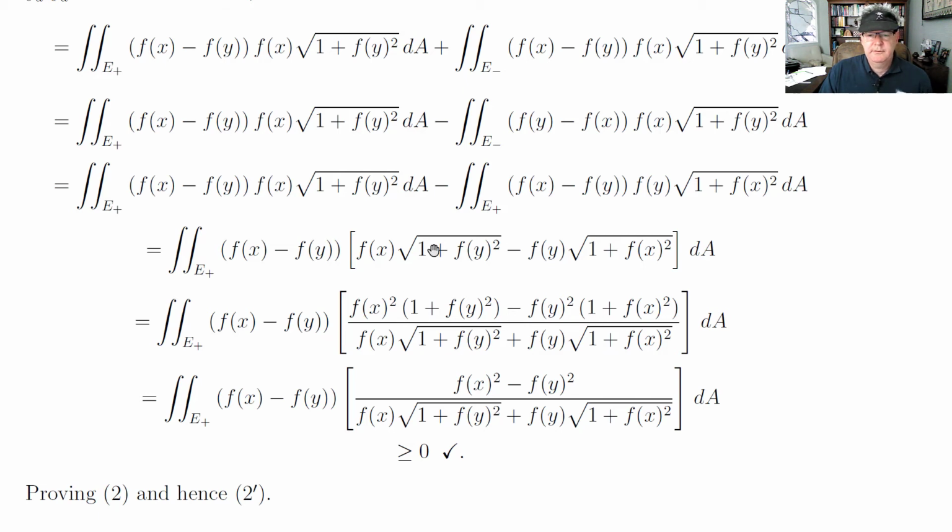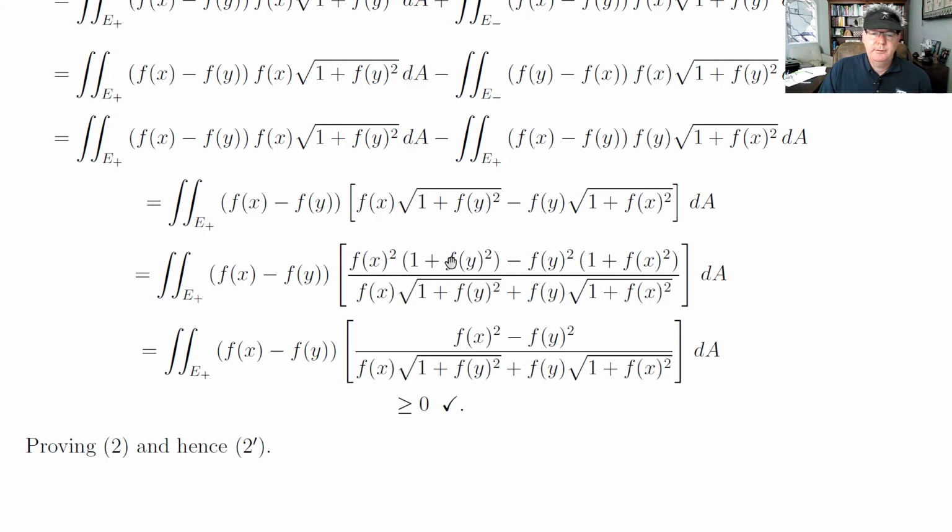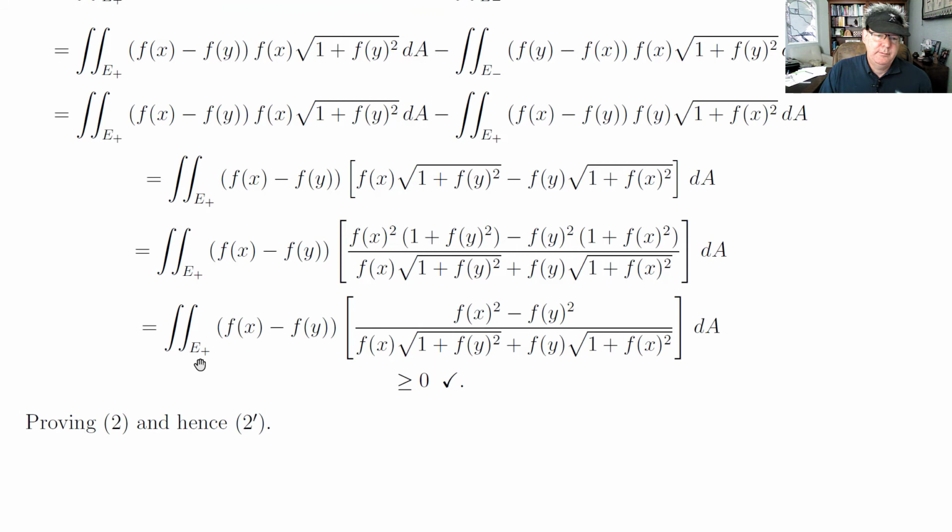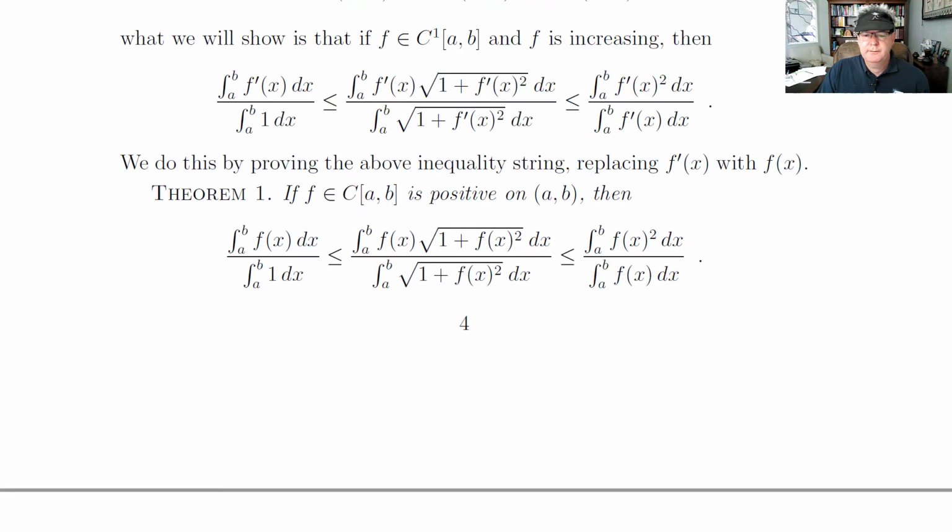Okay, so that's this numerator times this denominator gives me this numerator. And if you distribute, the f x squared, f y squared cancel, and you're just left with this. And over E plus, f x is bigger than f of y, so that's positive, so it's positive. So that proved our result.